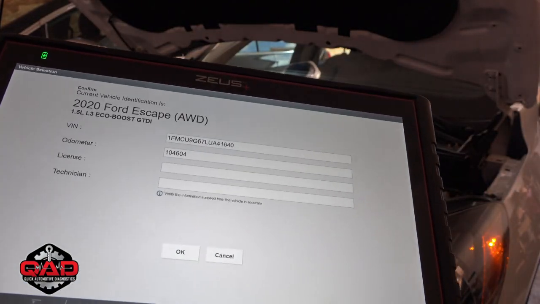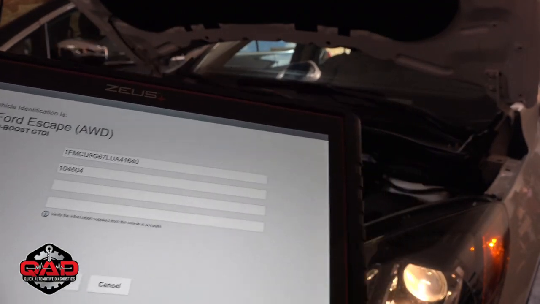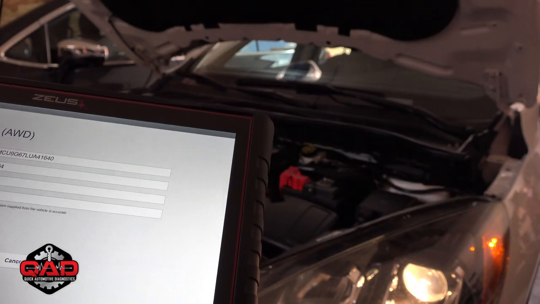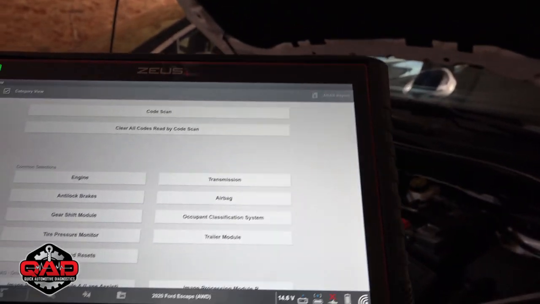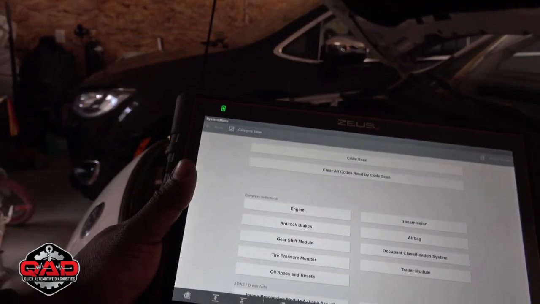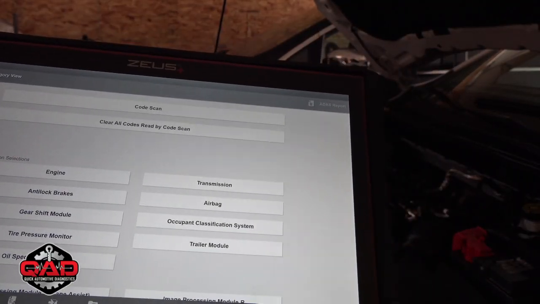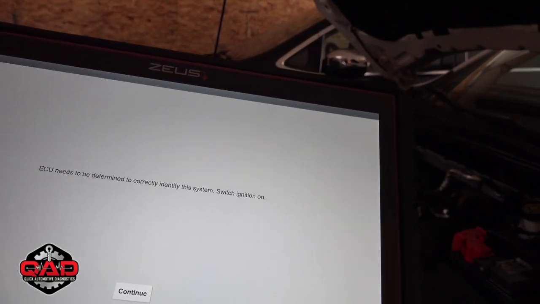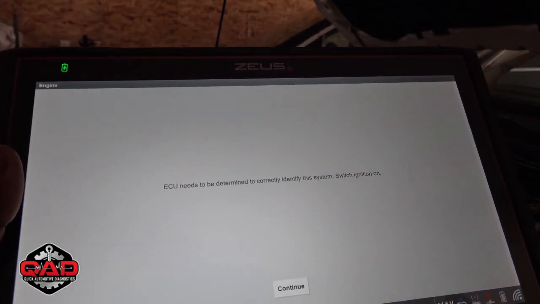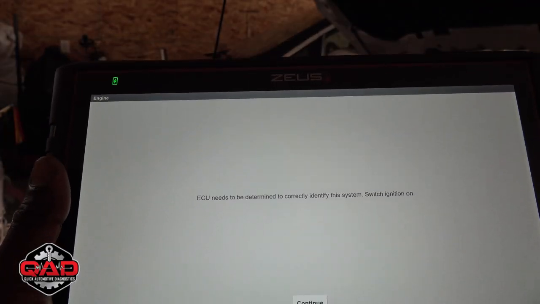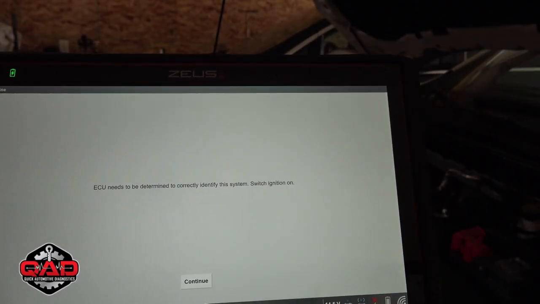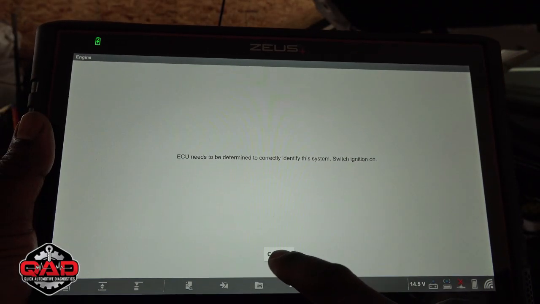Okay, I'm gonna pull up the data here, and we're gonna watch the data for these injectors, high pressure, desired and actual. So we go in engine. Sorry for the glare.